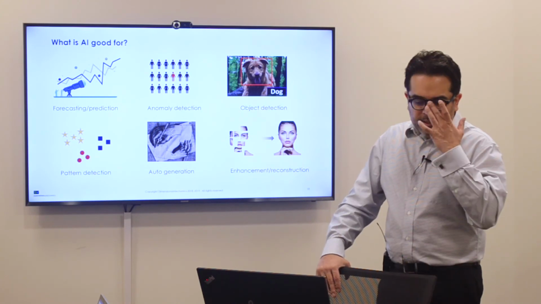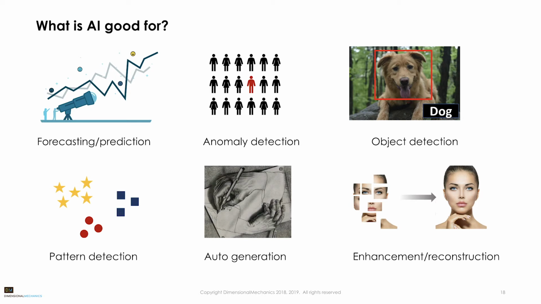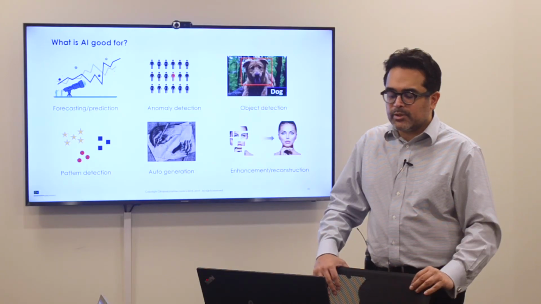Pattern detection is a little bit different. Pattern detection is where you start to notice, where you can start to form clusters. An example could be how your customers are segmented. Things can be grouped in certain ways that may indicate some underlying connectedness between them.